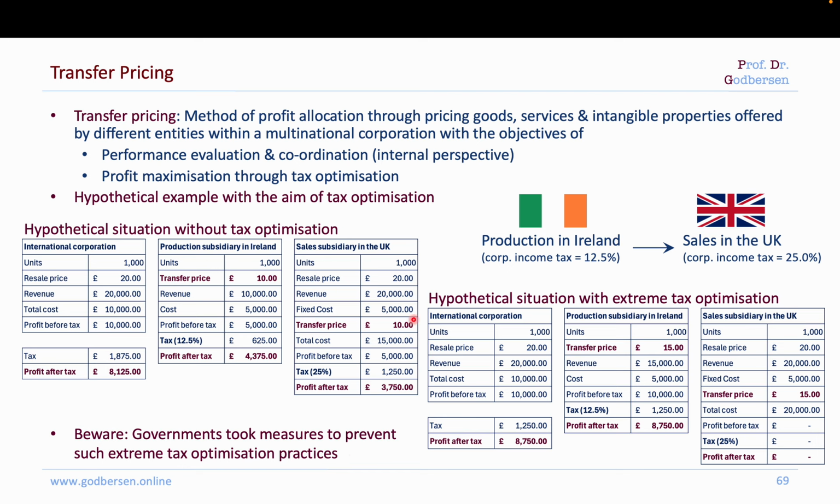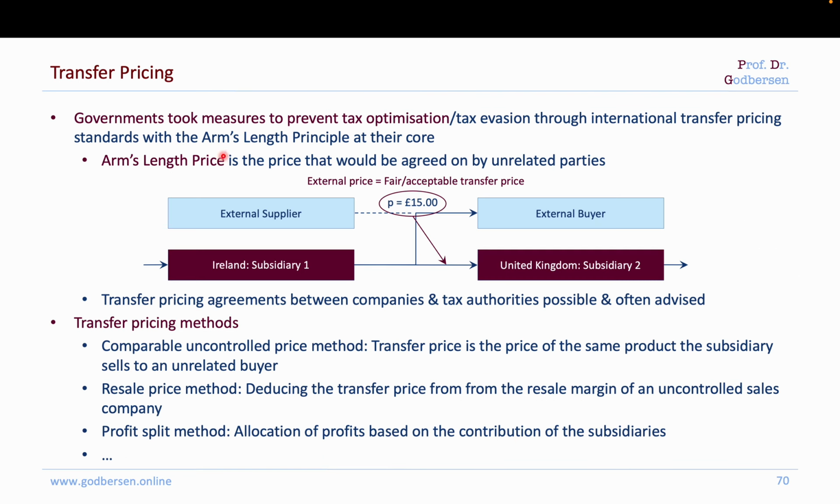Now, governments like the UK government or the French or the German government, they're quite obviously not quite happy with such extreme tax optimization measures through transfer pricing. So they want to prevent this tax optimization, or what some call tax evasion. They took measures, and the measures are transfer pricing standards. And the core principle of transfer pricing standards is the arm's length principle.